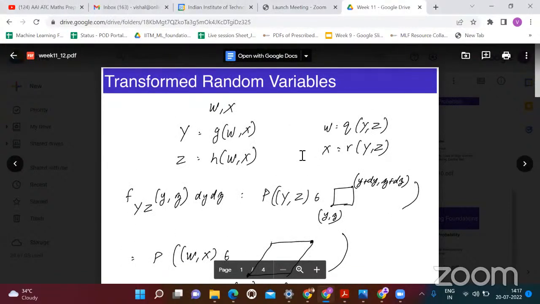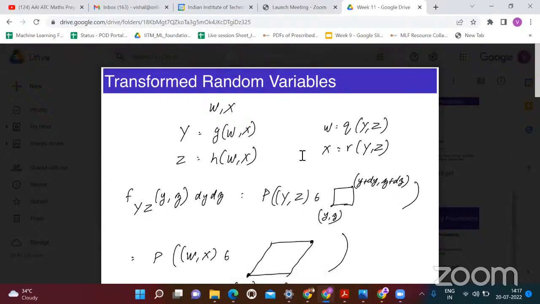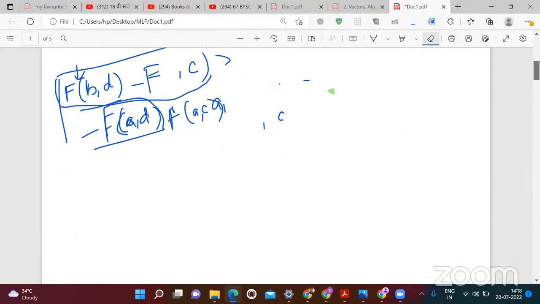So see, the transformation is not that complicated. There are generally three steps that we do to transform random variables, multiple random variables. So I'll go through the basic steps.